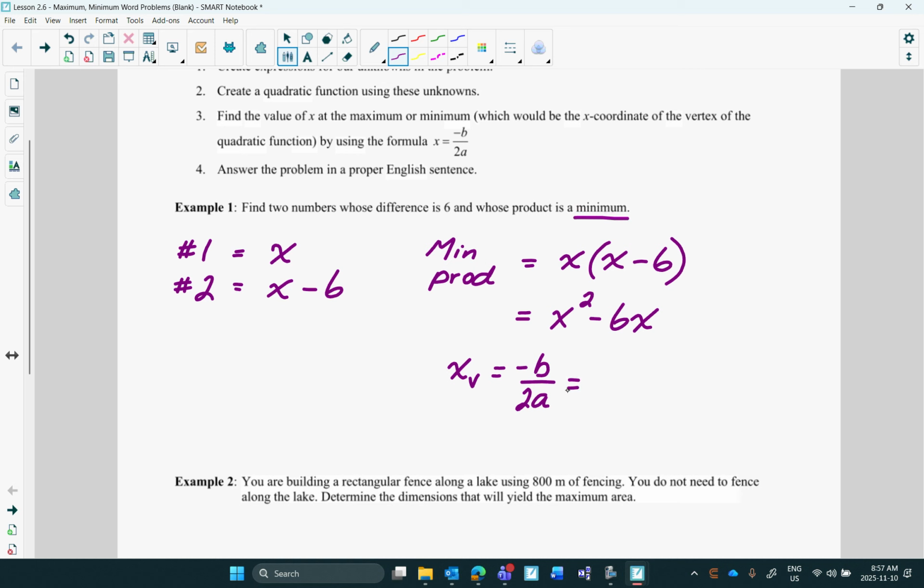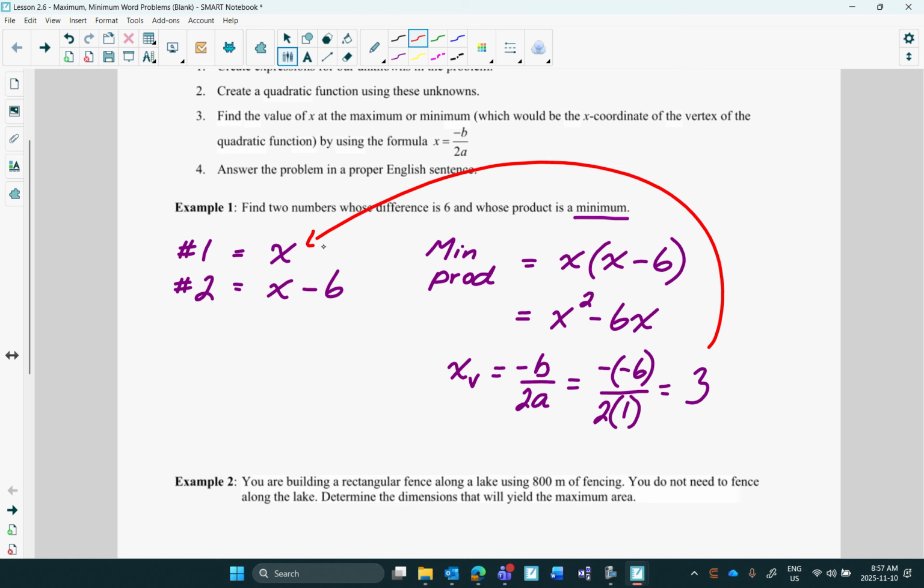What's b? So it's negative negative 6, divided by 2 times... what's a? 1. And what does that give me? Positive 6 over 2, which is 3. You just found the first number. The first one is 3.